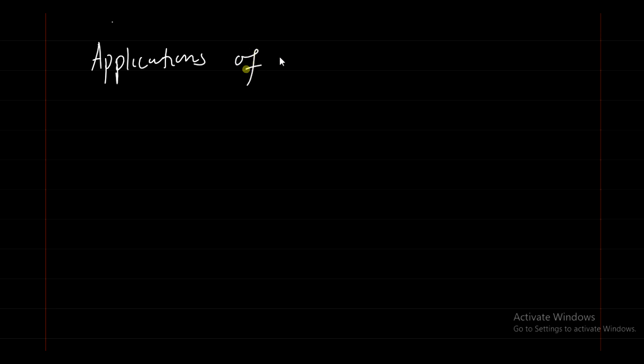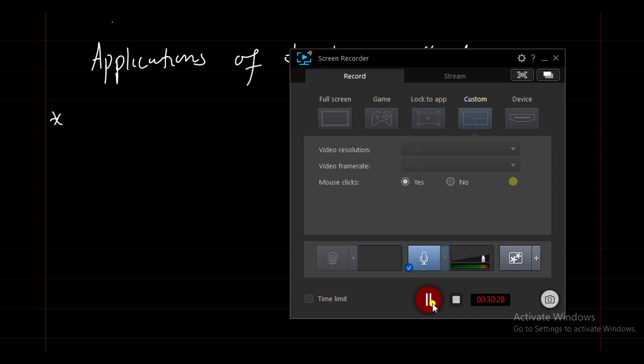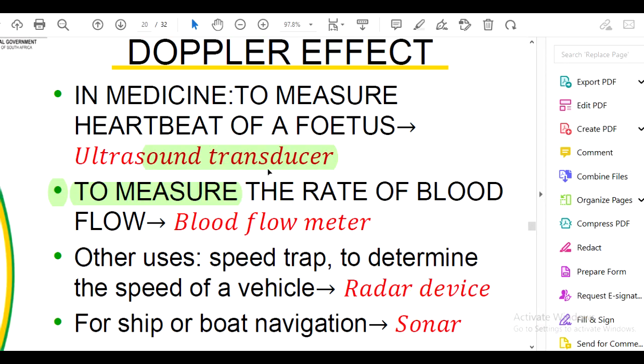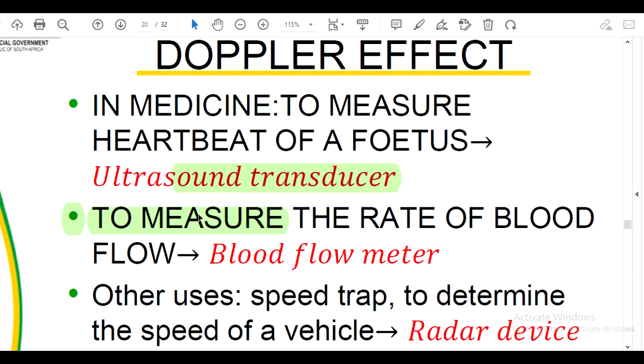Yeah, the applications of Doppler effect. Here are the applications of Doppler effect.